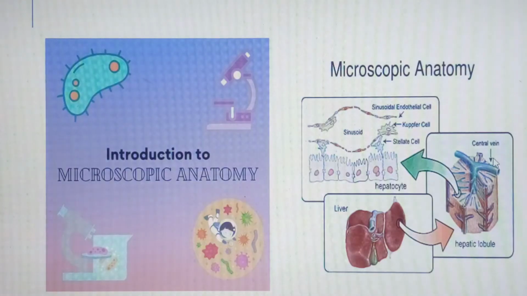Then all these things that I've made mention of are gross anatomy. Now for microscopic anatomy, those are structures we can't see with our naked eye, so we need a microscope to aid us. If we want to study the cell, to know what is happening inside the cell, then it has to do with what we call cytology.